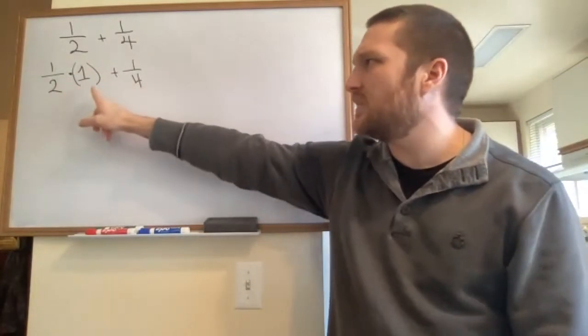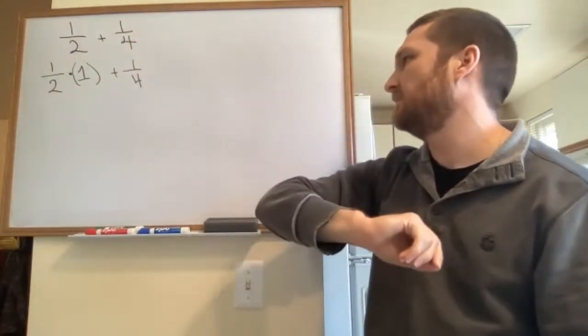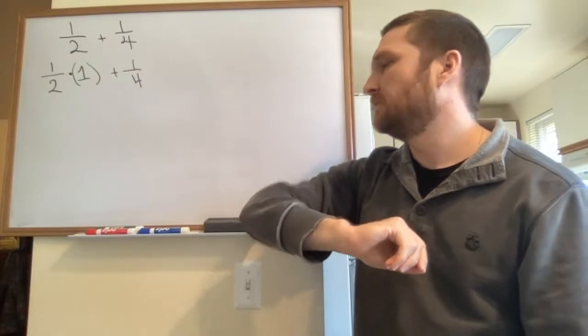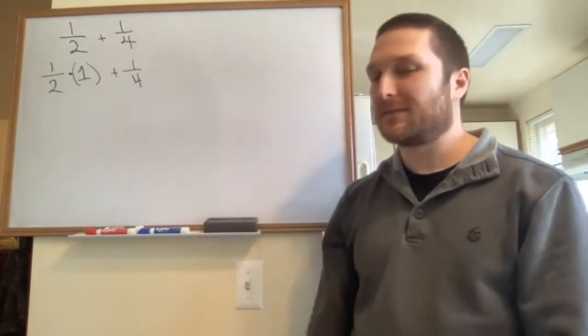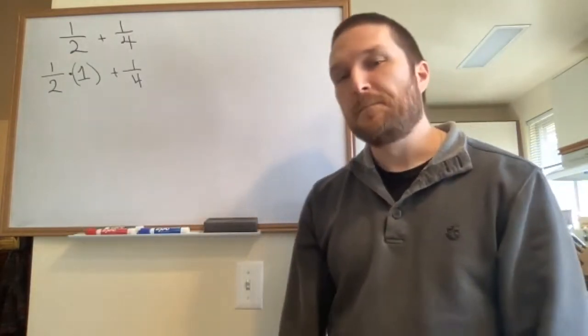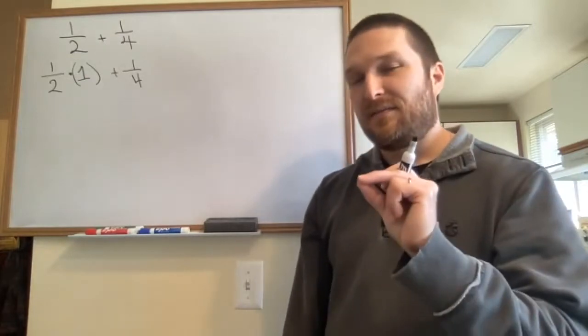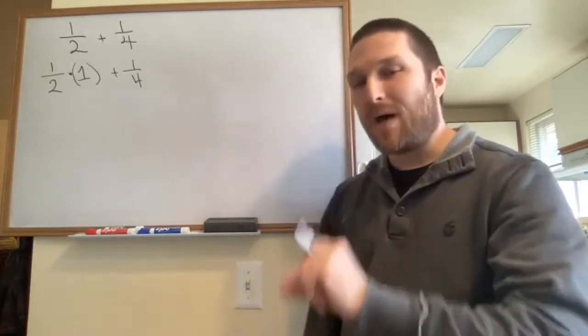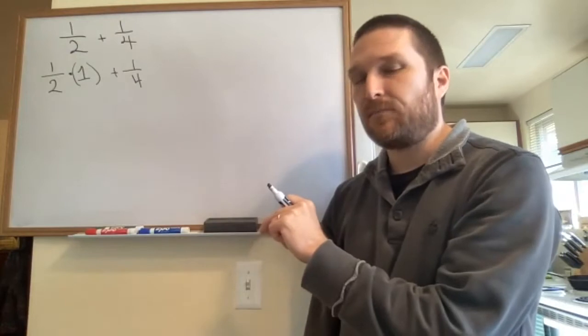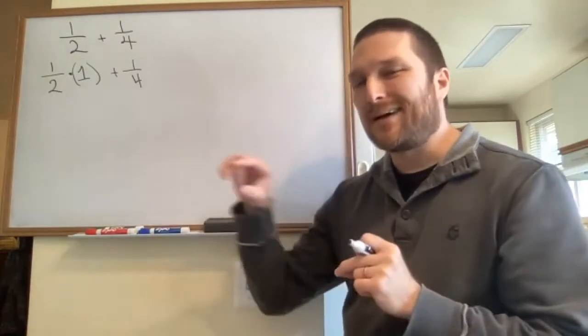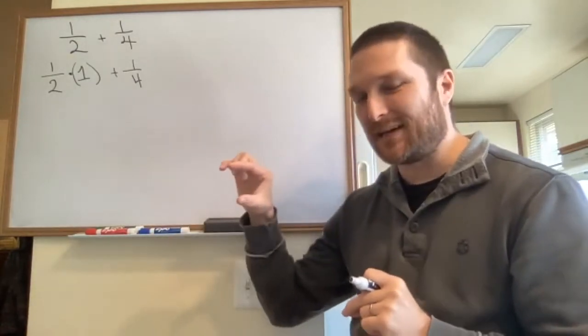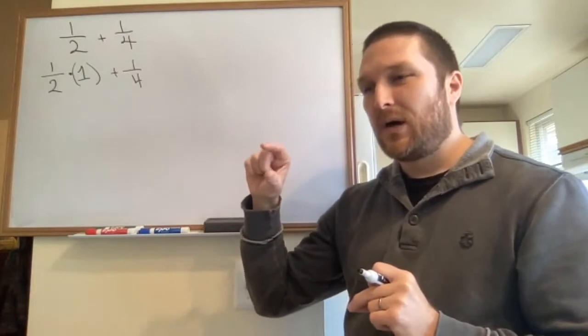Am I lying to you? Is this the same thing as that? Yes. Yeah, right. I mean, you're multiplying by 1. That doesn't do anything. But the cool thing is that I can rewrite 1 in a way that helps me out, right? Ultimately I want a 2 in the denominator.